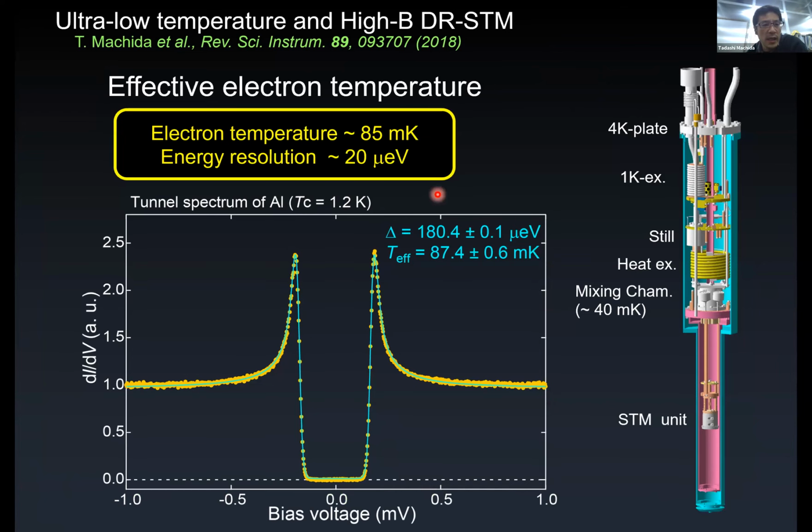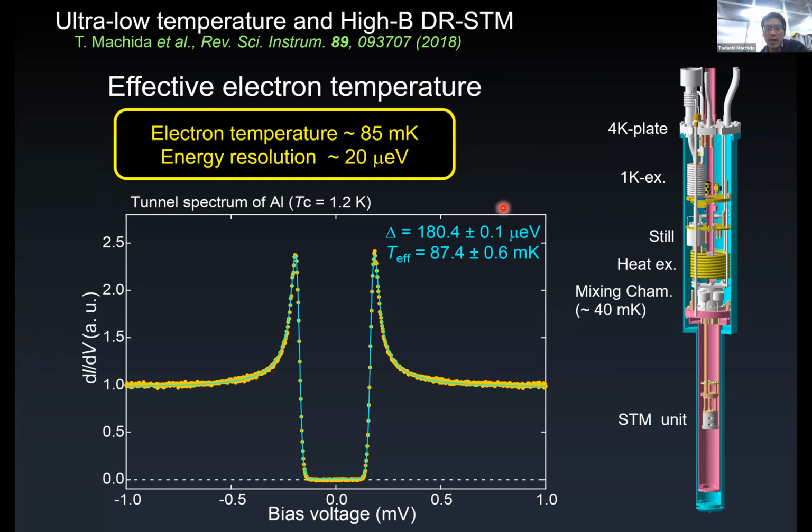To do this, we constructed the ultra-low temperature dilution refrigerator STM, as shown here, which has the capability to do very stable spectroscopic imaging measurements under the ultra-high magnetic field of 17.5 Tesla and the ultra-low temperature of 90 millikelvin. The corresponding energy resolution is about 20 microelectron volts.